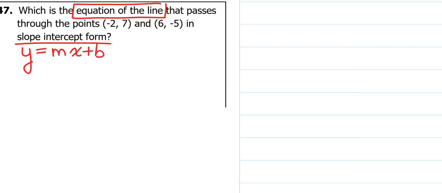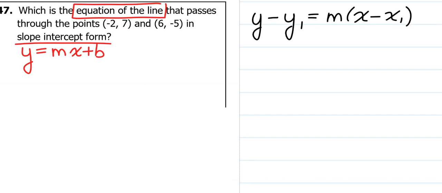Now the way that we're going to get the equation of a line in slope-intercept form is we're going to use point-slope form. Before we can use point-slope form, you have to figure out the slope. So before we could do y - y1 = m(x - x1), we have to first figure out that slope. So to figure out the slope, we're going to use the 2 points. I'm going to use the slope formula.